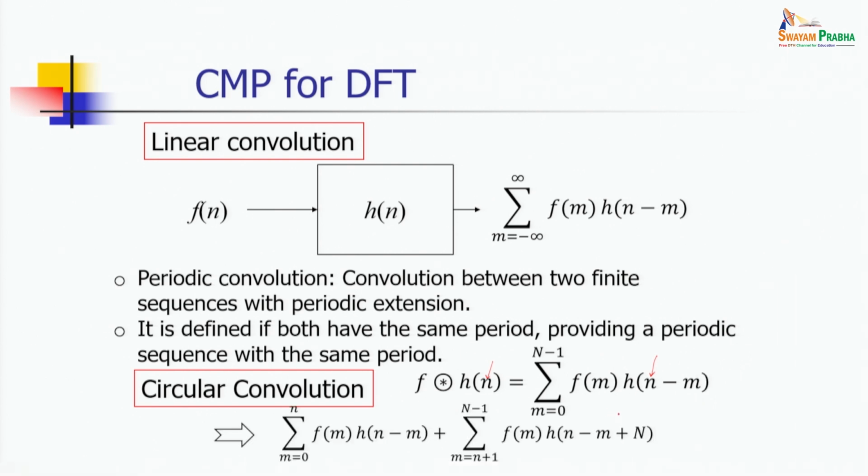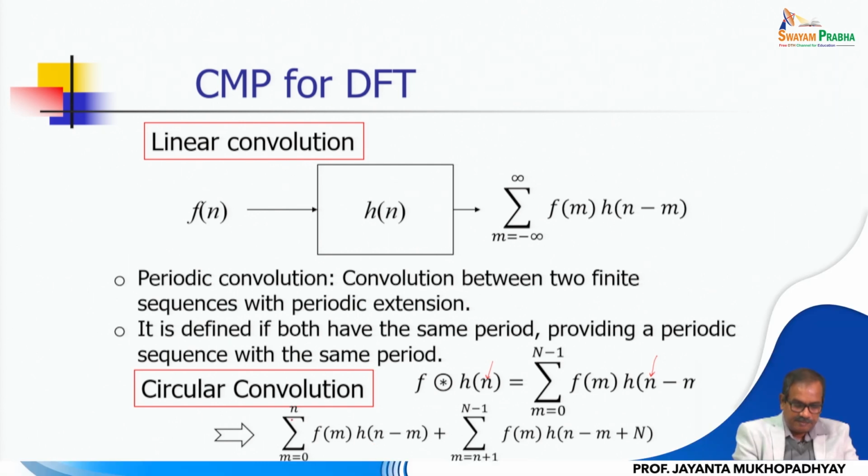If I use the respective definitions only at the positive part, then you can see that Fm into Hn minus 1, I am taking the summation till the nth point, because at m equal to n, this becomes H0.